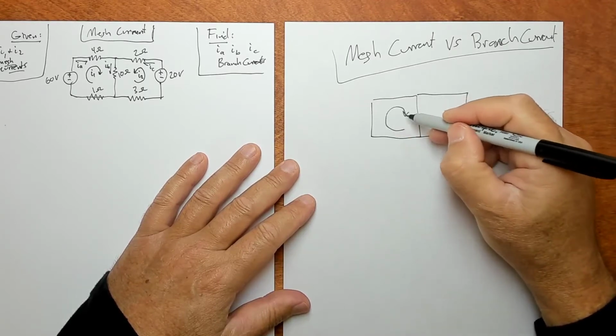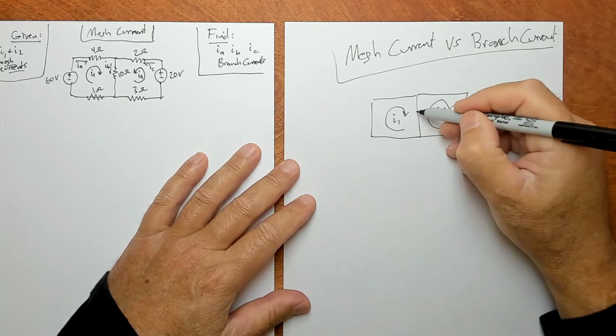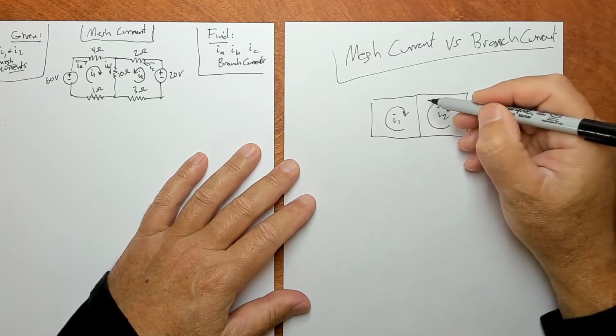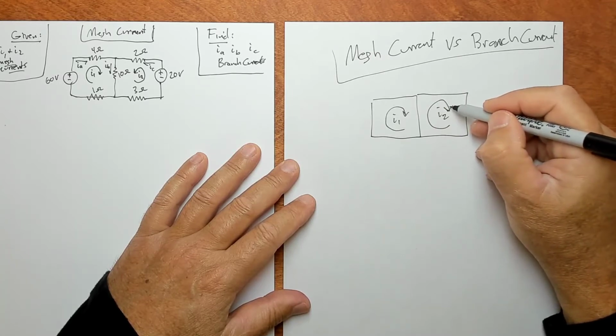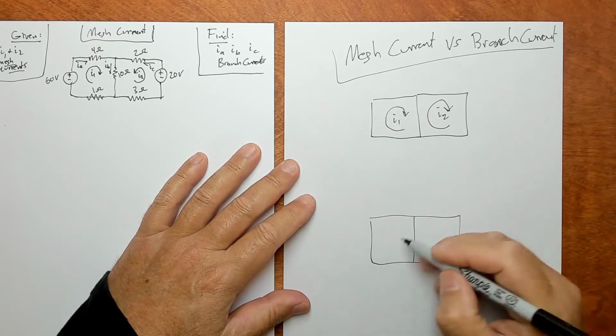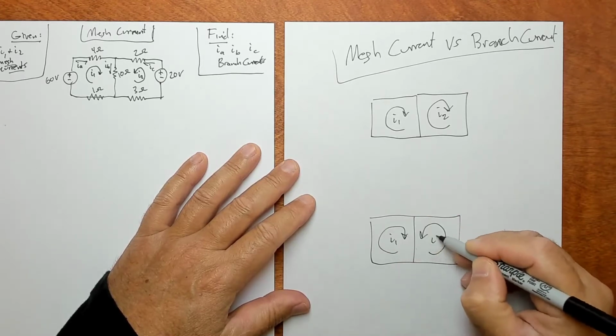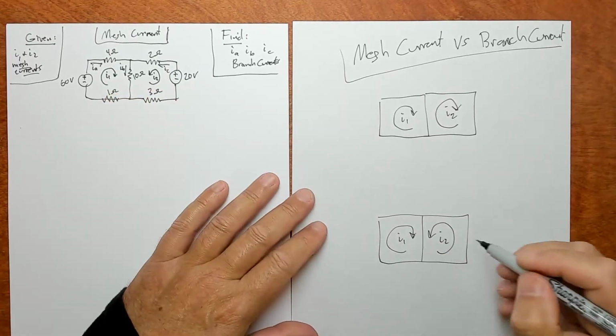You've got, say, I1, and then let's say you make them going this way, I1, and this one going this way. Let's say you did that, which is like the problem we have set up.